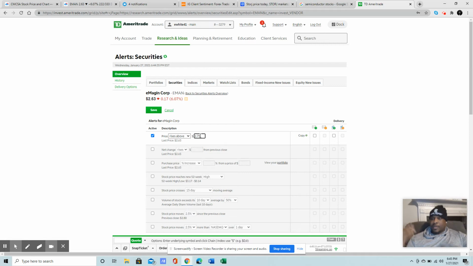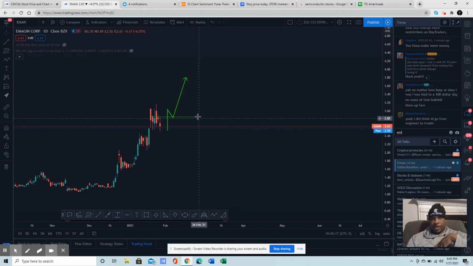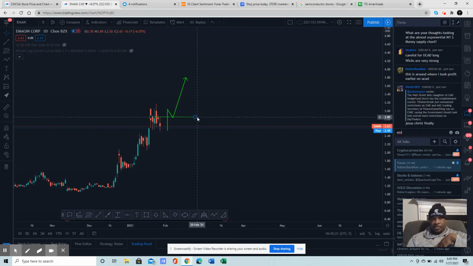That's going to get me prepared, right? I need time. If it alerts me at 2.75 and I look on the chart, this resistance line is $2.85. Now I'm getting ready, because as soon as I see price cross above this $2.85, I'm looking to take this trade. I want to enter it.